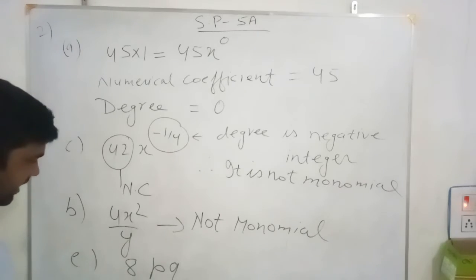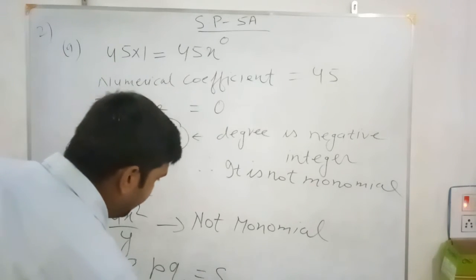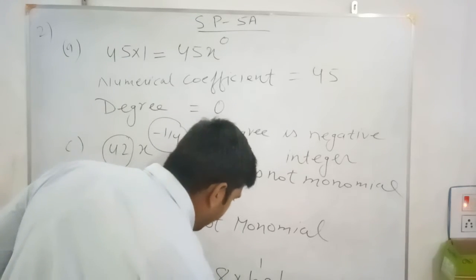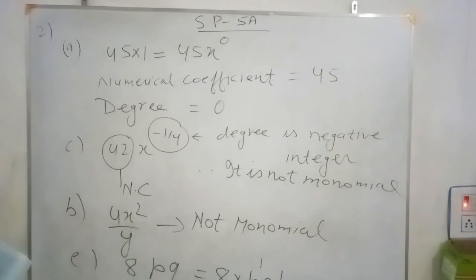The numerical coefficient is 8, and 8pq can also be written as 8 multiplied by p to the power 1 and q to the power 1. If there is no power over the variable, it is considered as 1.